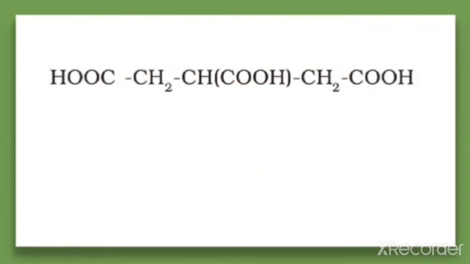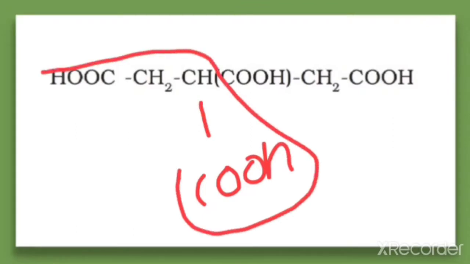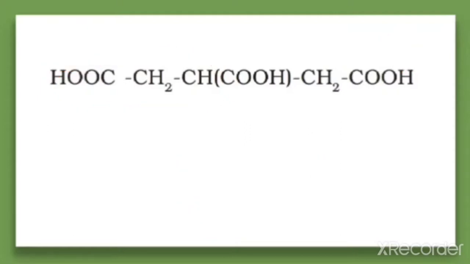Similarly, if we include this COOH in the main chain, this one is not there in the main chain. So it is not possible to include all the 3 acidic groups in the main chain, because acidic groups are terminal groups, and the 3 terminal parts cannot be taken in a continuous chain.